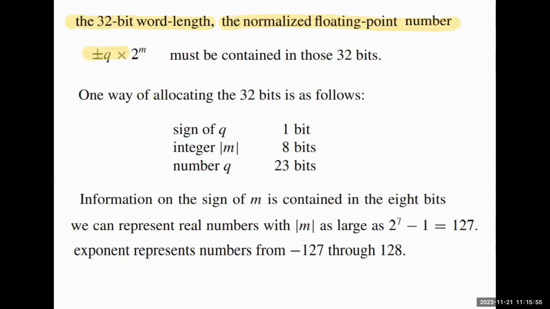So whatever the number is, we store the part of the mantissa, which is Q, and M here is for the exponent.